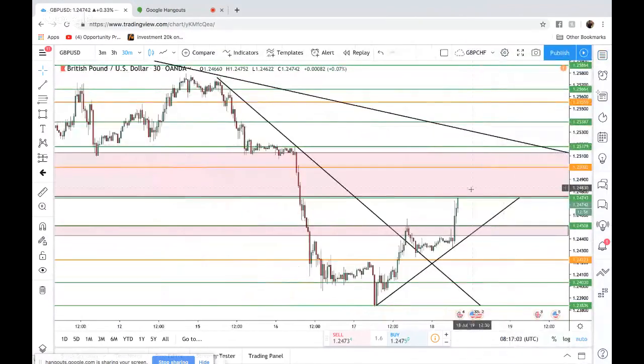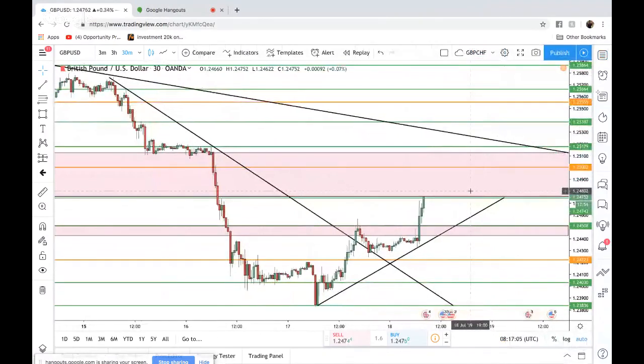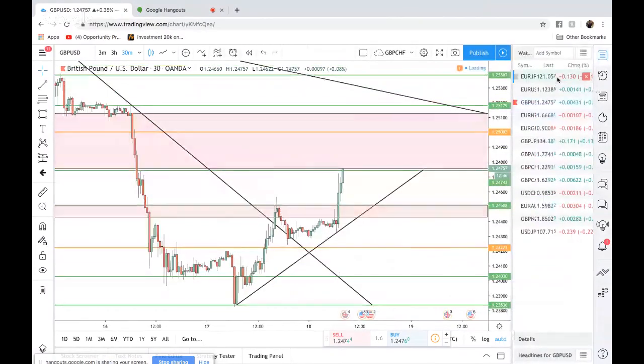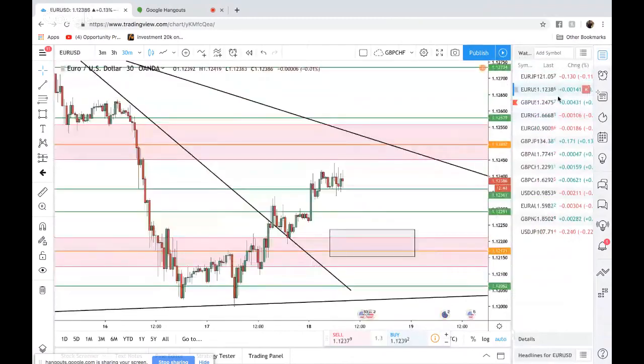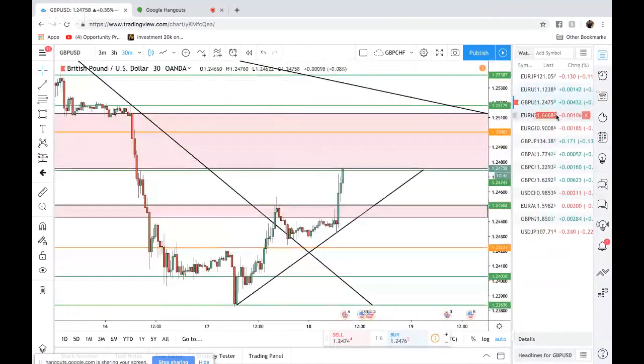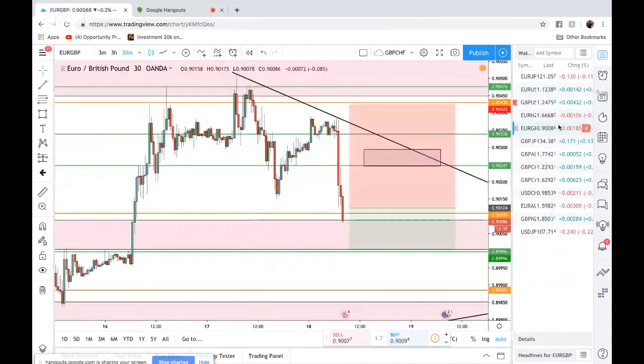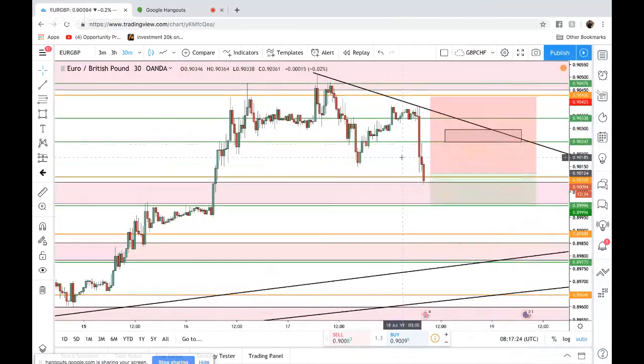Let's see if we can possibly get that pullback, that retest, the retracement. That would be great on our end. But sometimes some of these pairs just want to continue taking off, and that's perfectly fine. So let's just see how this bad boy does.